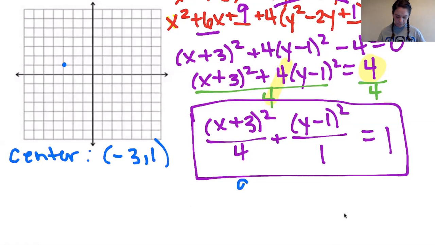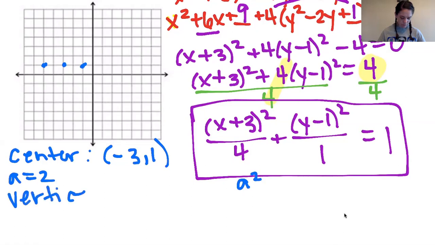Remember, this is a squared, which means a is 2. So I'm going to move horizontally 2 from both sides of our center. I'm going to plot them, then write them. Our vertices ended up at negative 1, 1 and negative 5, 1.